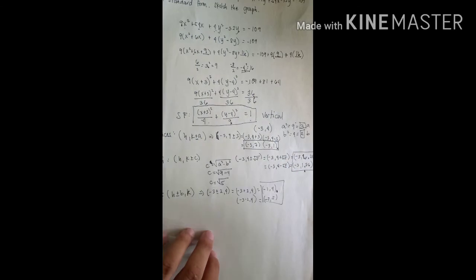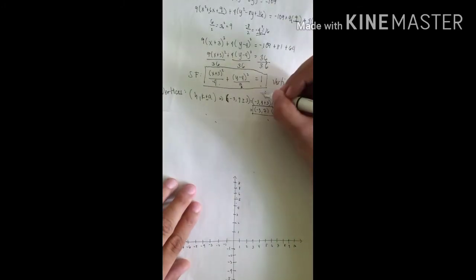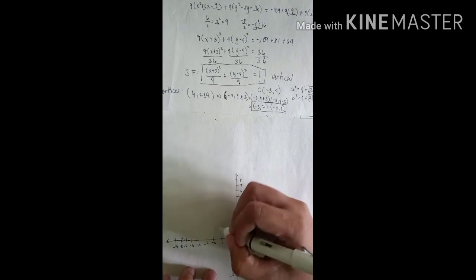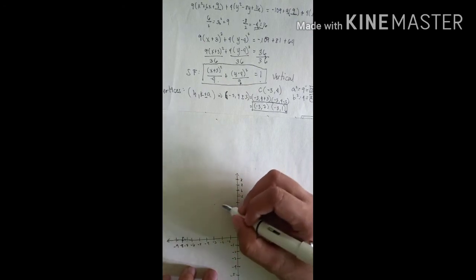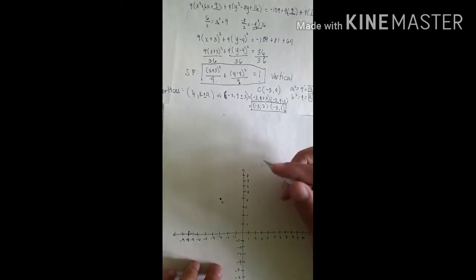So what are we going to do next is to graph. Okay, so we are going to graph the values. So first yung ating h and k, no? Center natin nasa negative 3, 4. So ito negative 3, 4. Ito yung center natin. Next, the vertices, negative 3, 7.